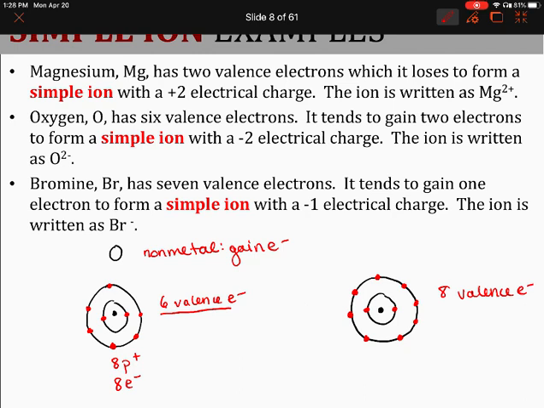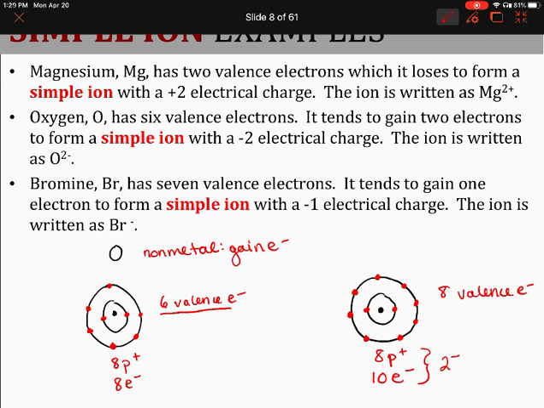Okay, so oxygen still has 8 protons because that's what defines its identity. But now it has 10 electrons. So if we kind of parse out the charges here, we have 2 negative charges left over.